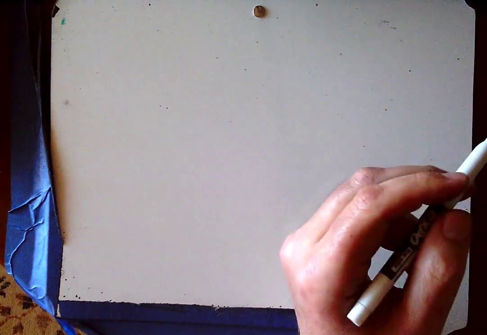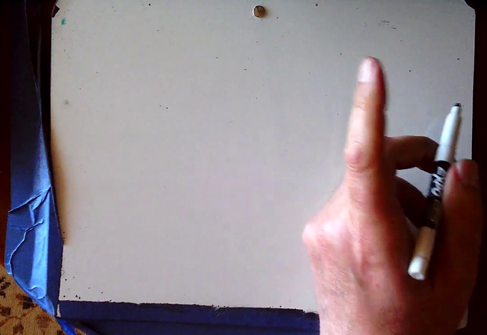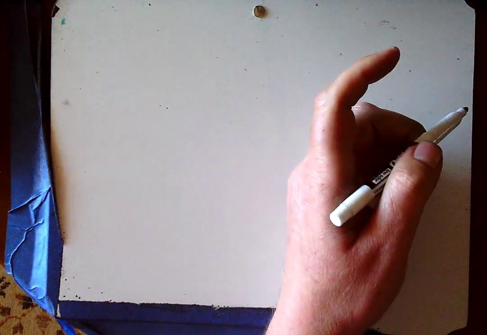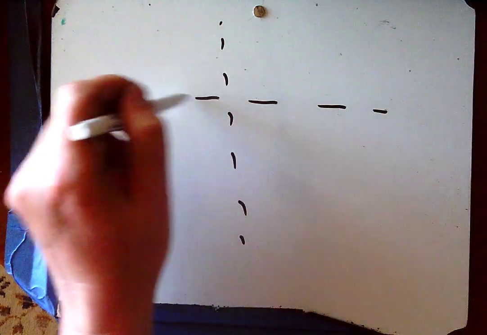We know that functions are increasing when they have positive slopes. We know functions are decreasing when they have negative slopes. We know a max on the interior goes from increasing to decreasing, and mins show up when we have decreasing to increasing. So let me draw a graph of f of x.